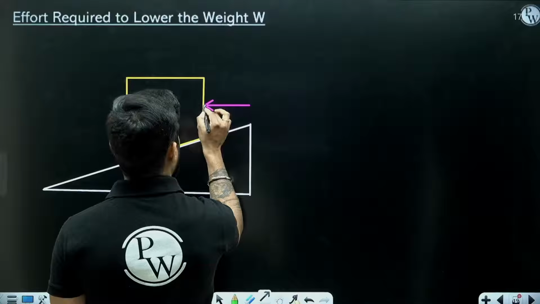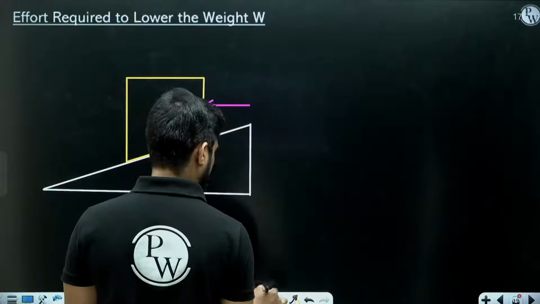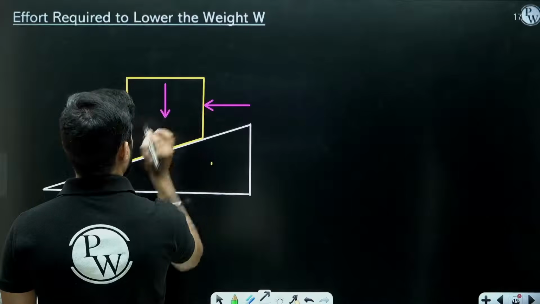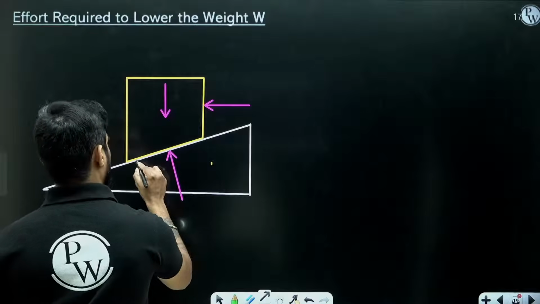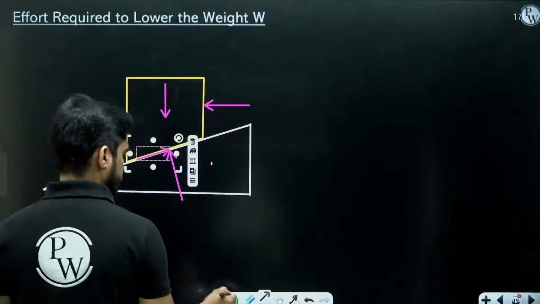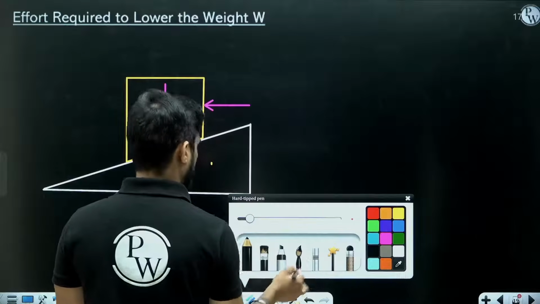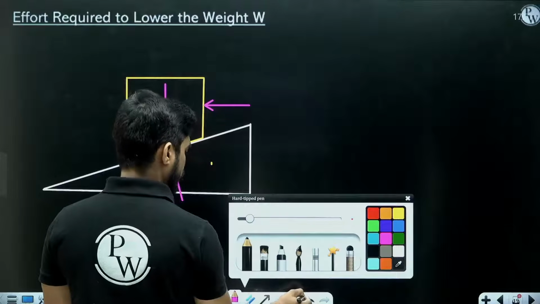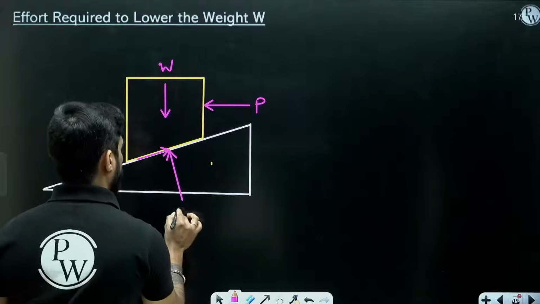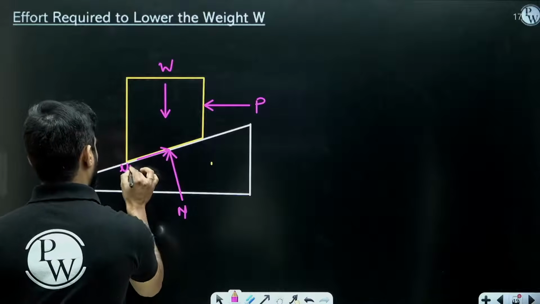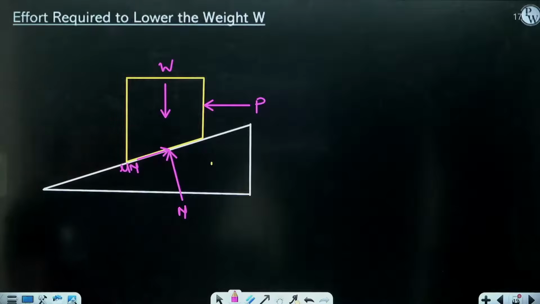So this time we are going to apply a force like this to lower the weight. This will be the normal force and this will be the friction force. If it is going down, the friction force will be up. This is P, this is W, this is N, this is mu N.